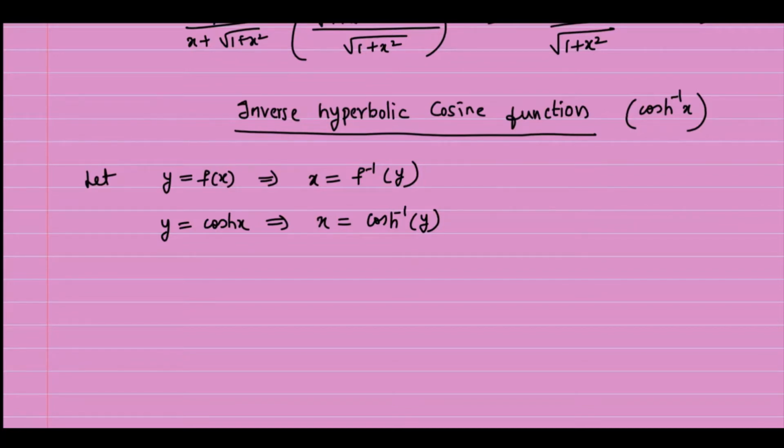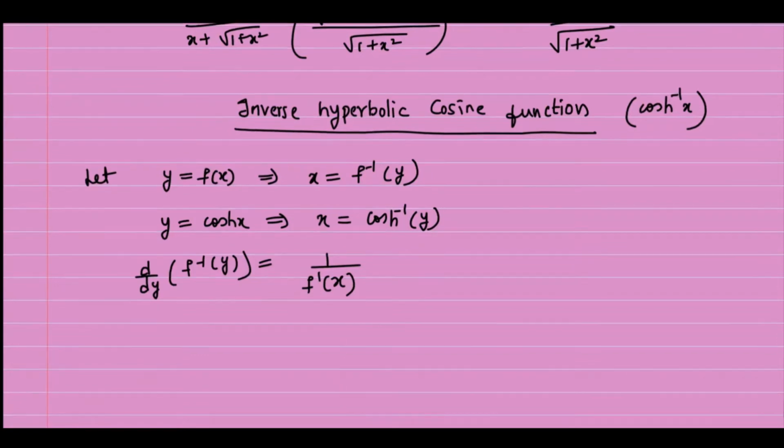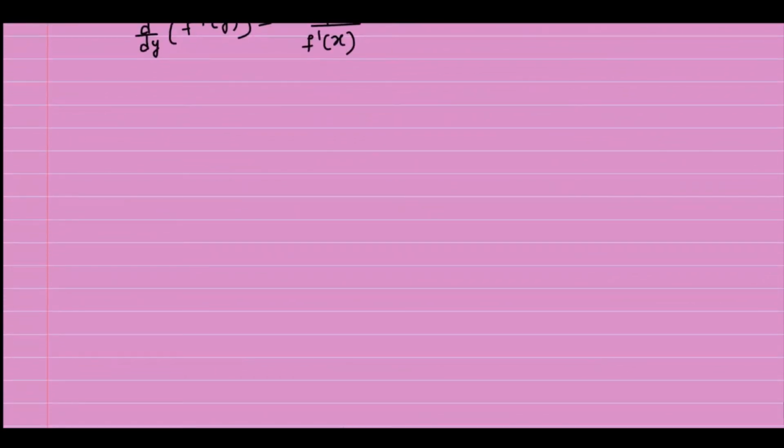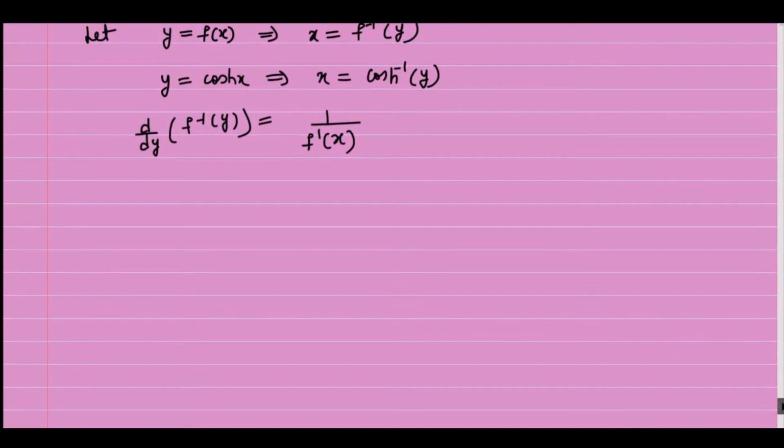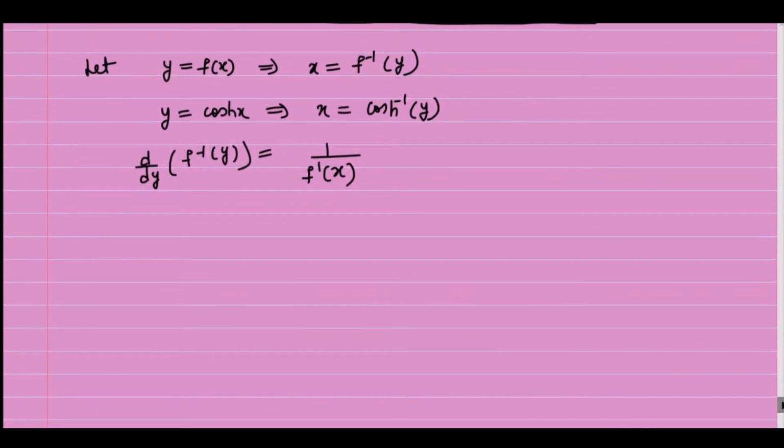Like we did for the inverse hyperbolic sine function, we know that d by dy of f inverse of y is given by 1 by f dash of x. So the same method we will use here. f inverse of y is here cosh inverse of y.